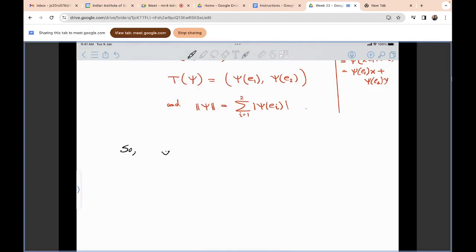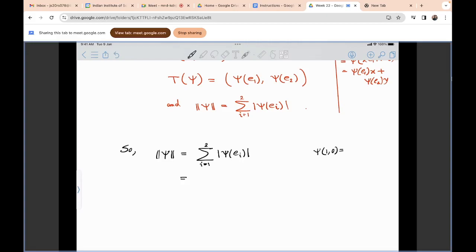So norm psi will be, and what is psi of u1?